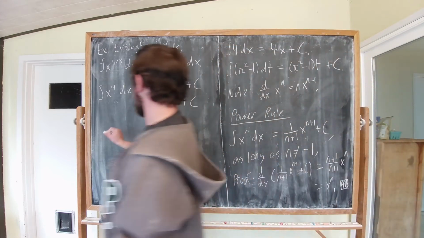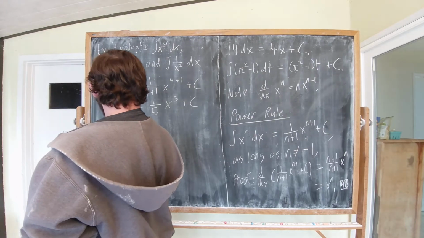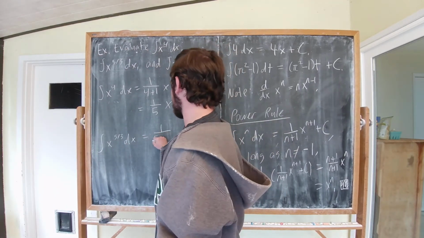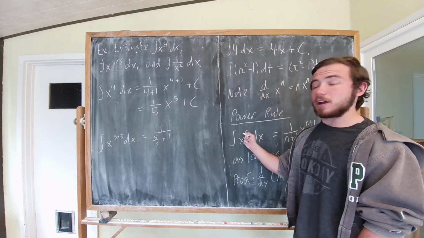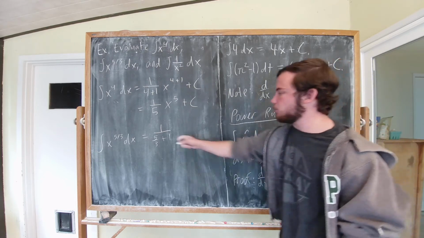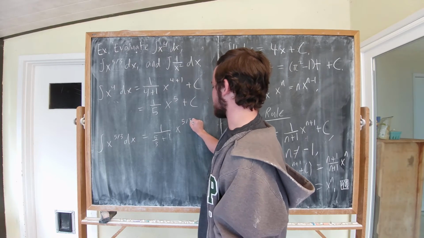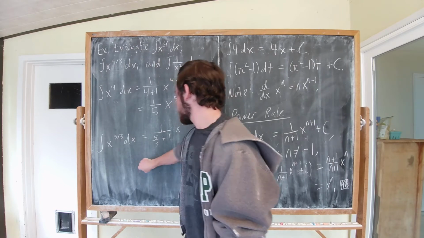Let's try this next one. The integral of x to the 5/3 dx will be 1 divided by 5/3 plus 1. Doesn't matter whether n is an integer or not. It just has to be any number. Always, you'll add 1, divide by it, and it'll be times x to the 5/3 plus 1, plus c.